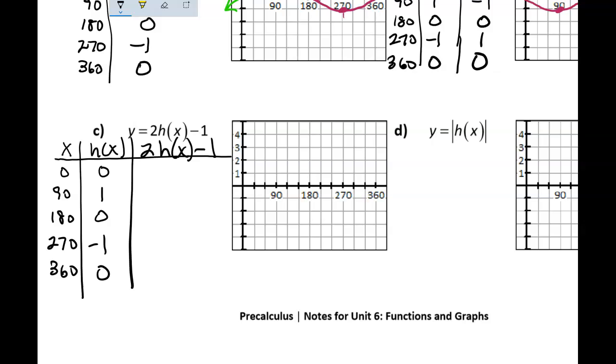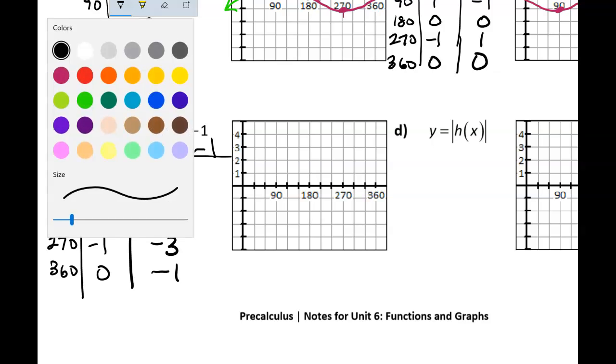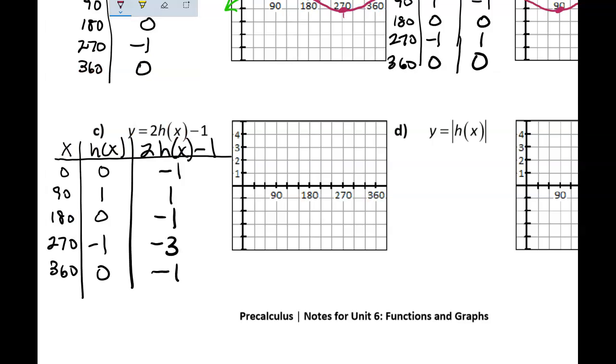So 2 times 0 minus 1 is negative 1. 2 times 1 minus 1 is 1. 2 times negative 1 is negative 2 minus 1 is negative 3. And then 2 times 0 minus 1 is negative 1 again. So we have 0, negative 1, 90, 1, 180, negative 1, 270, negative 3, and 360, negative 1.